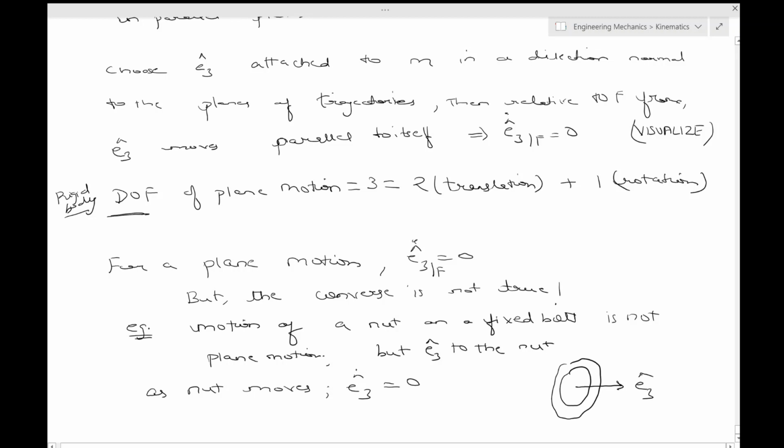So that's why we say that just by the fact that E3 dot in frame F is equal to 0, it does not mean it's a plane motion. So I'm just showing the nut separately. This is the bolt. So the axis of this nut and the bolt are the same.